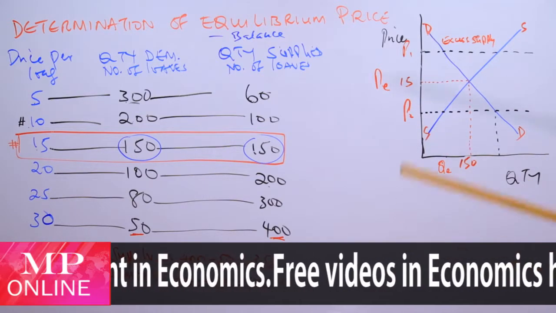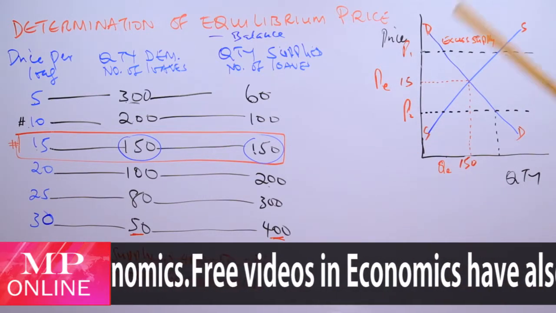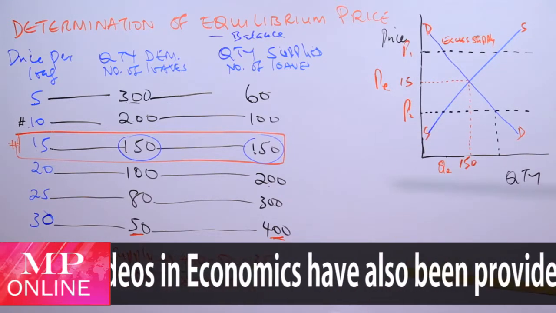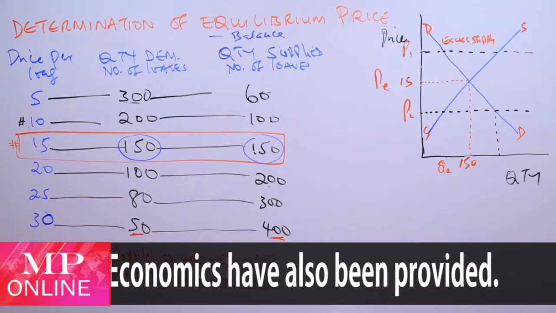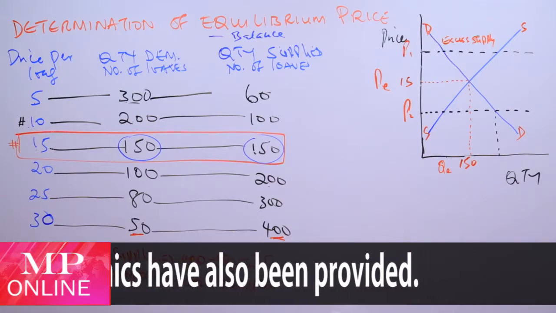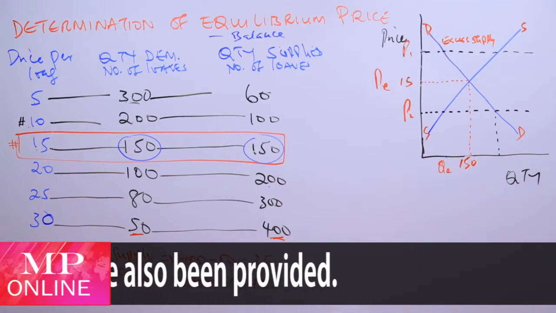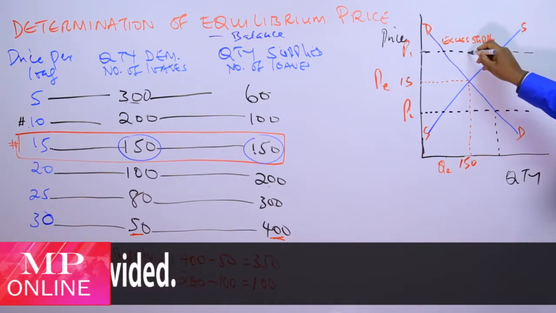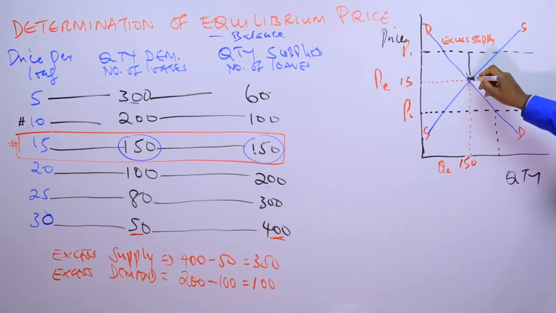And in order to clear this excess supply, sellers will be compelled to lower their price towards equilibrium. Because of this excess, sellers will be forced to lower their price towards equilibrium.